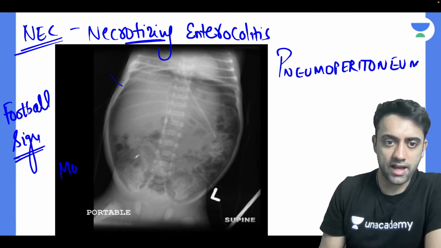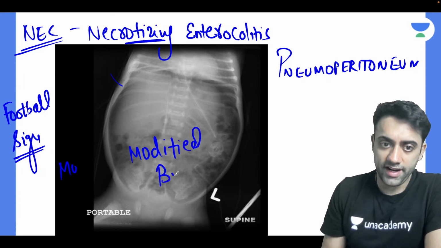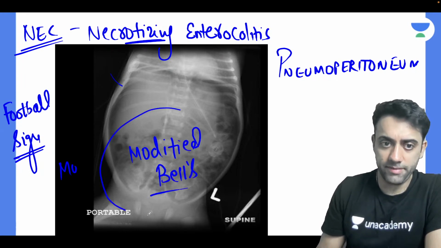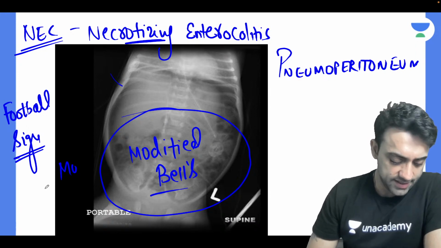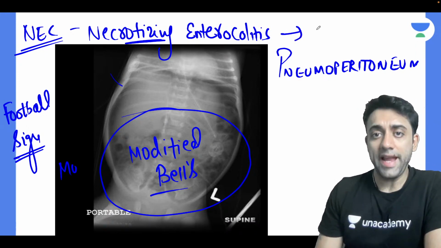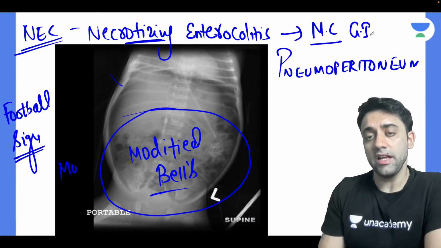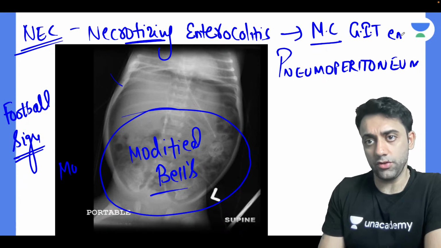As people are already mentioning, modified Bell's staging. Yes, modified Bell's criteria or modified Bell's staging is seen in NEC. That is a very good point. Next important point: NEC is the most common GIT emergency in a newborn.